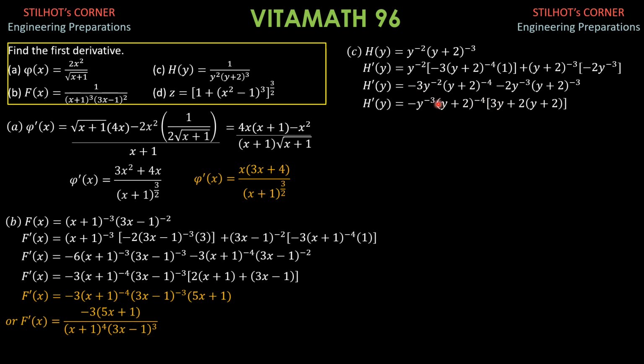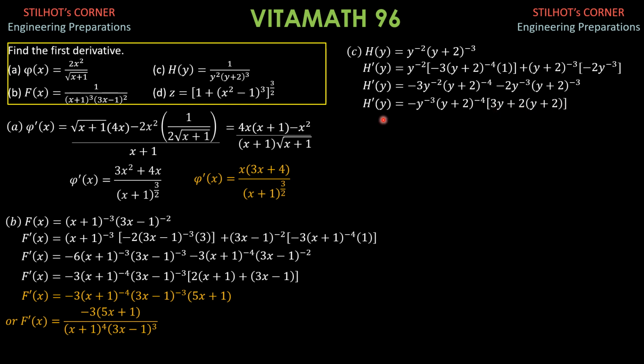So 3y, because this is y to the negative 2. Then for the second part, 2 times (y + 2), because we factored out (y + 2) to the negative 4. So you check by algebra that it's the same as that. So this inside brackets would be 5y plus 4.